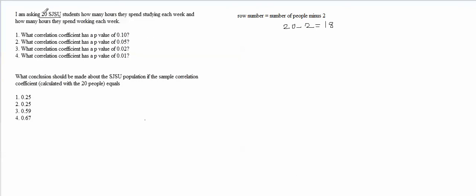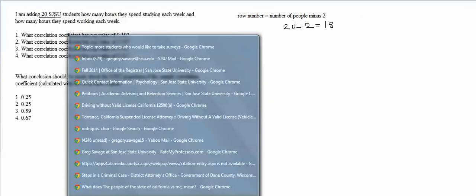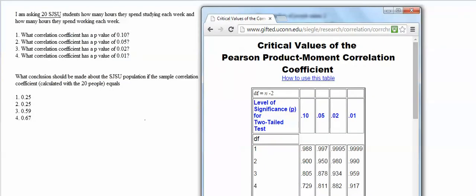If I told you 25, your row would be 23. In this case, I tell you 20 SJSU students, and 20 minus 2 comes out to 18. It won't always be 18 because it depends on what number I give you here.